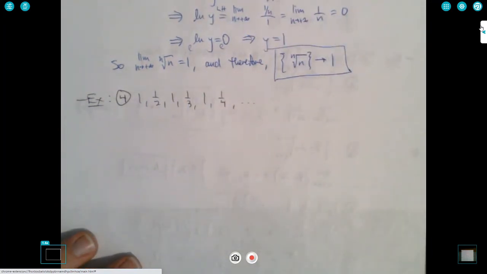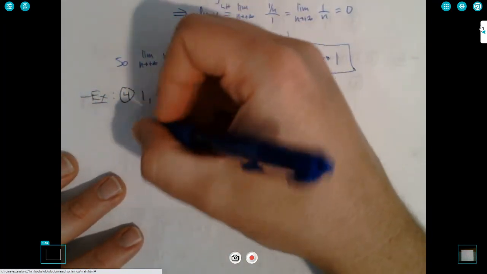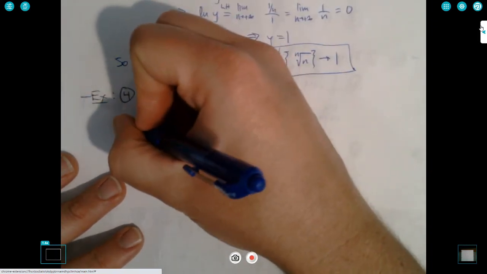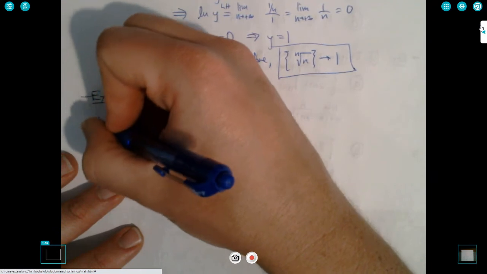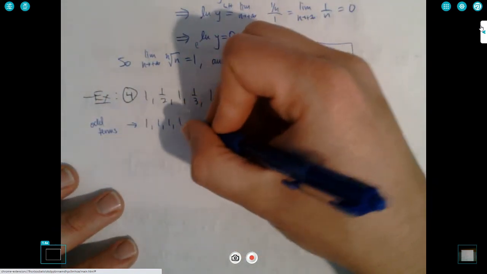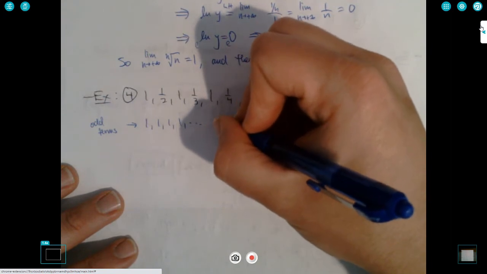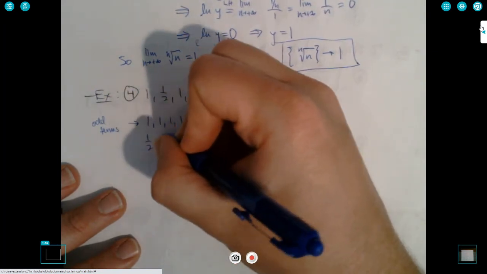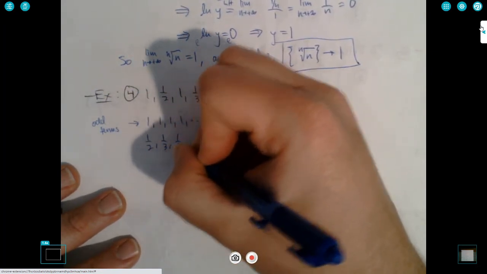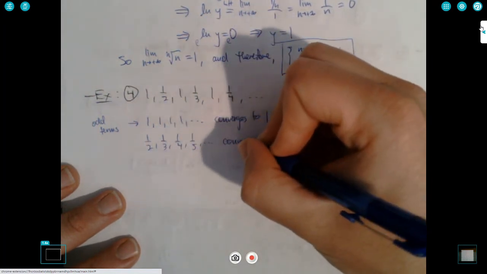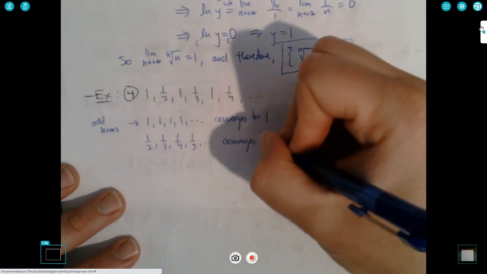So notice that 1, 1, 1, 1 are the odd numbered terms, and that sequence converges to 1. And 1/2, 1/3, 1/4, 1/5, etc., that sequence converges to 0.